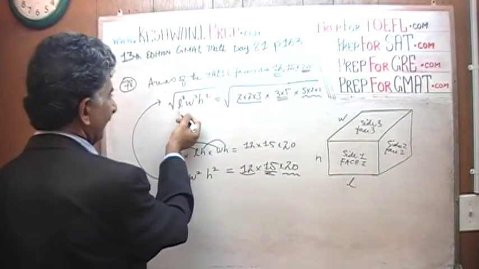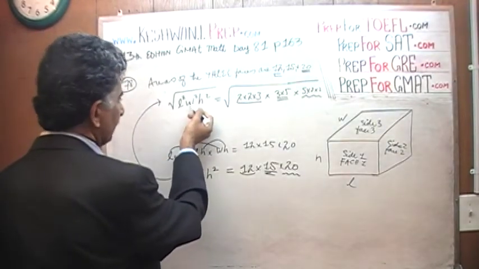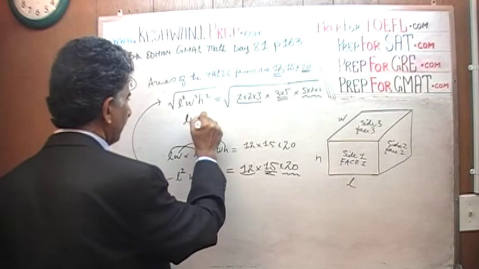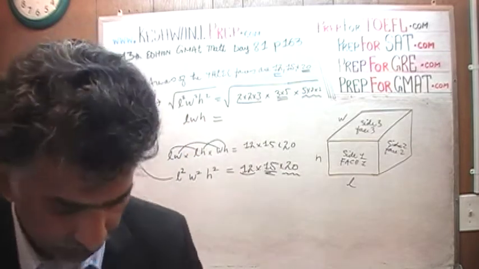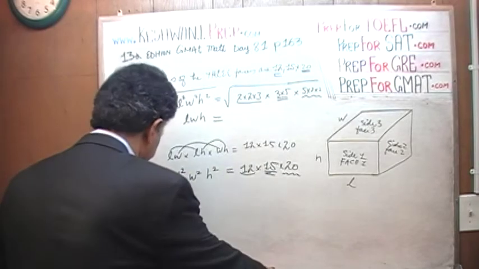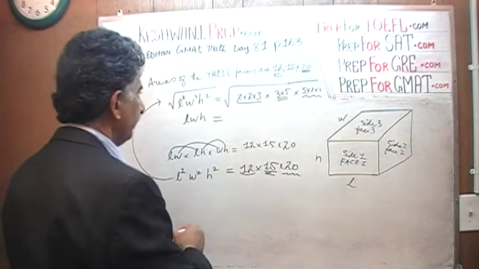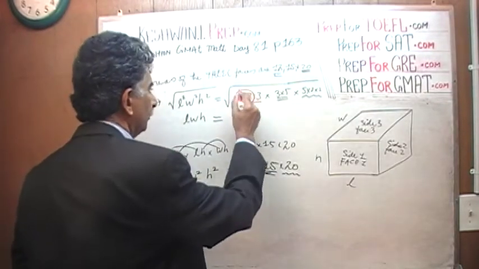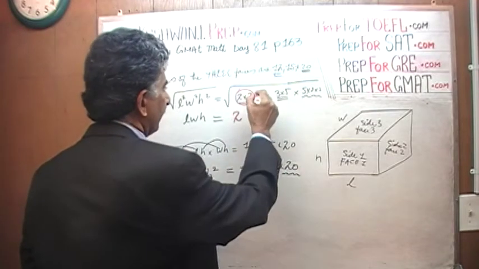And therefore the square root of length squared, width squared and height squared is simply length times width times height. And the square root of this quantity is going to be, let's find out. Here I see 2 2's, so that's the 2.